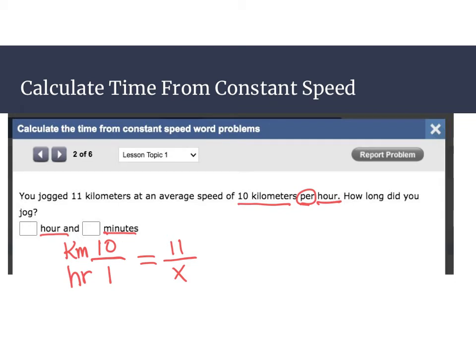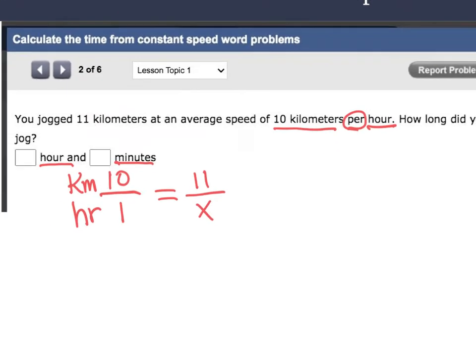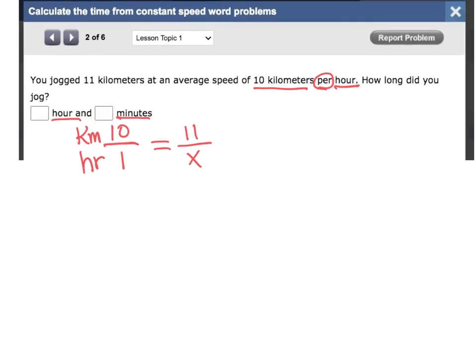So let's take a look at a couple of things that we could do. The one way I like to look at this question is I think, well, because my answer is going to be in hours and minutes, instead of setting up kilometers to hours, I'm going to set up my kilometers to minutes.